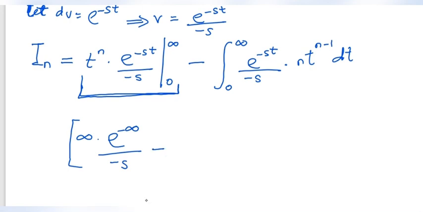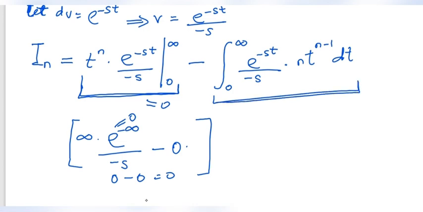Minus, when t is 0, 0 to the power of n is 0, times whatever it multiplies is going to give us 0. But we know that e to the power of negative infinity is also equal to 0, and 0 times infinity is 0, so 0 minus 0 is just 0. So this term here is 0, and all we are concerned about is the second term.